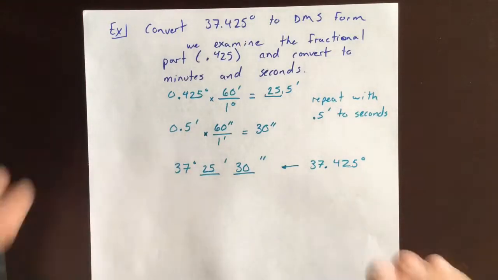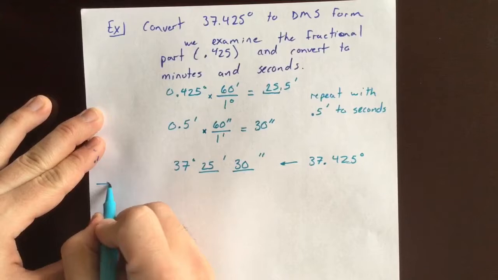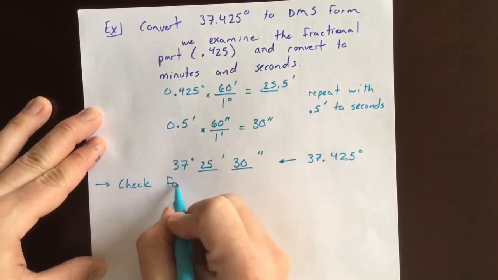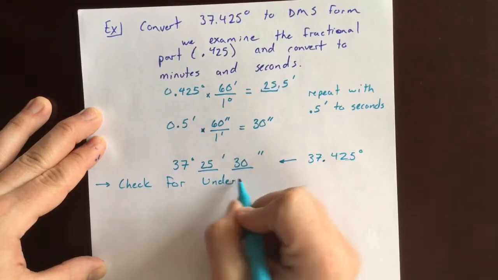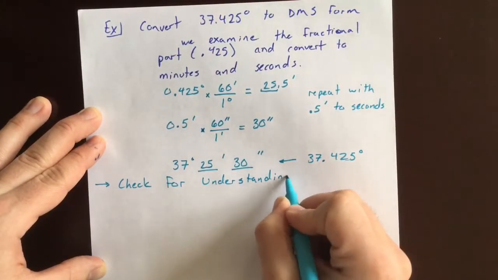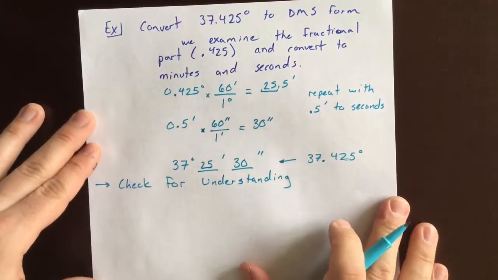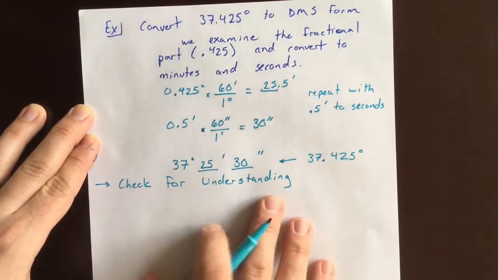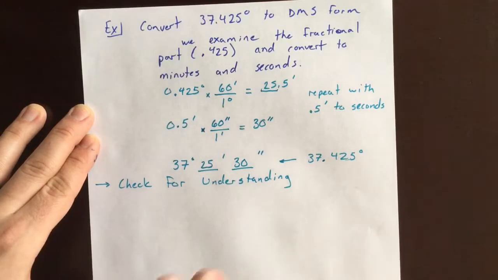So this is the first place in this video where we're going to check for understanding. Previously I would say that this is the your turn. So I'm going to give you this example, and you're going to pause the video, work on it, and check back in with the notes and see how you did.